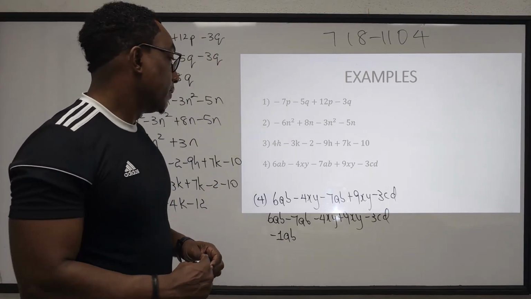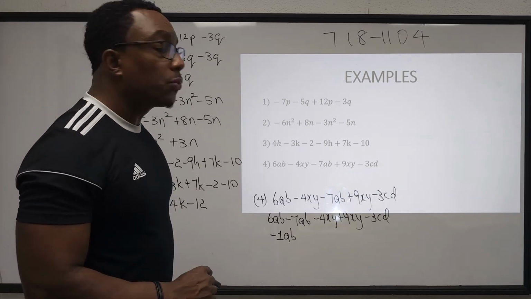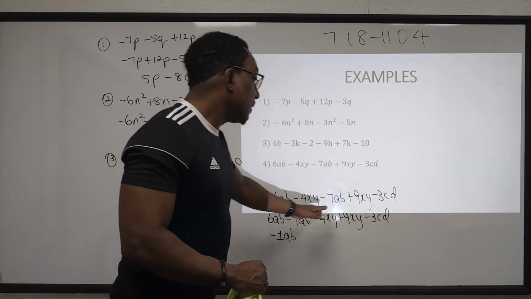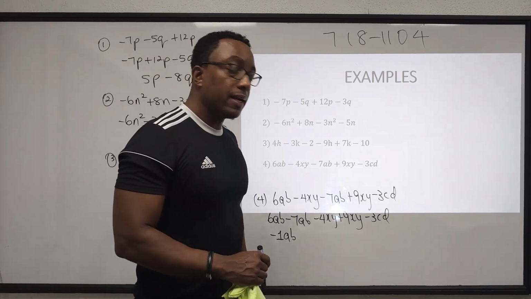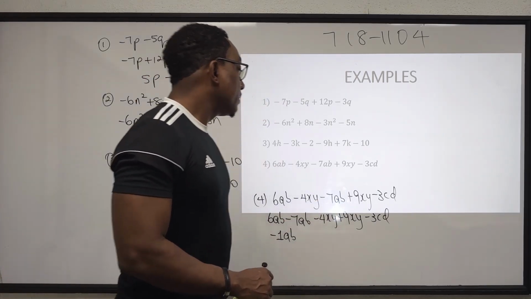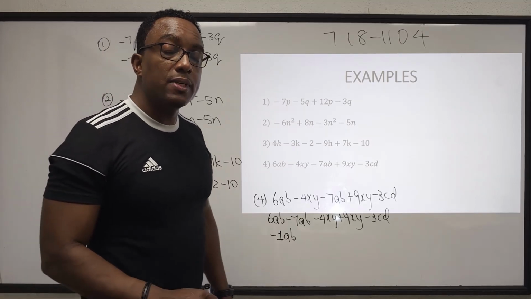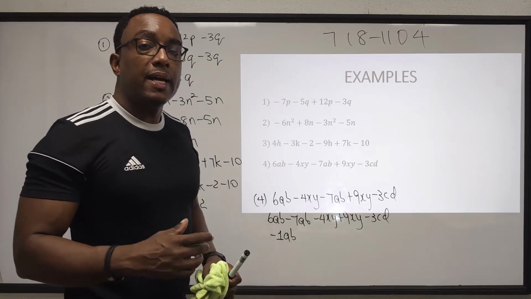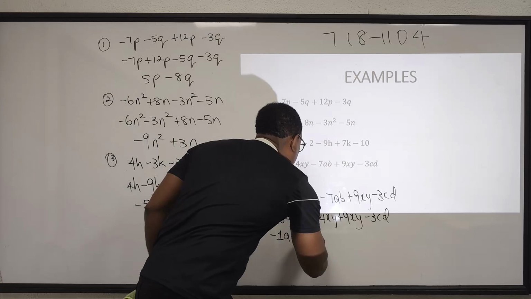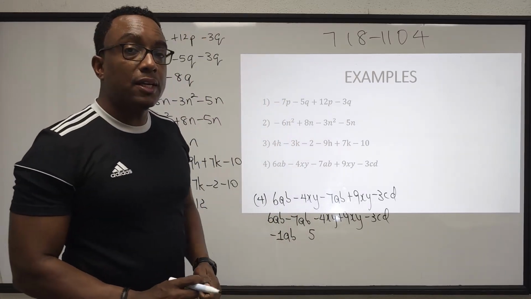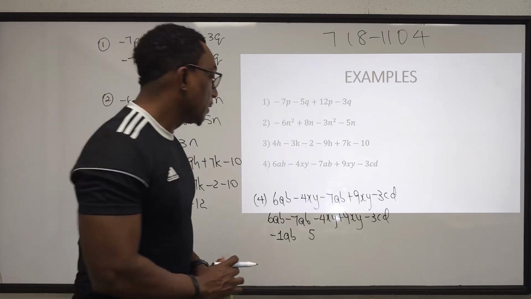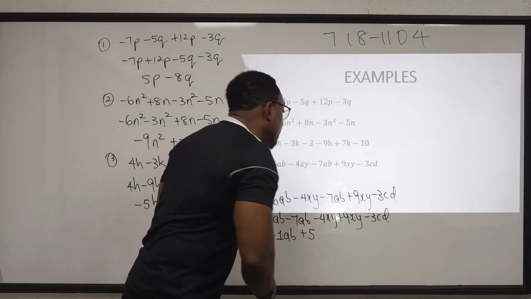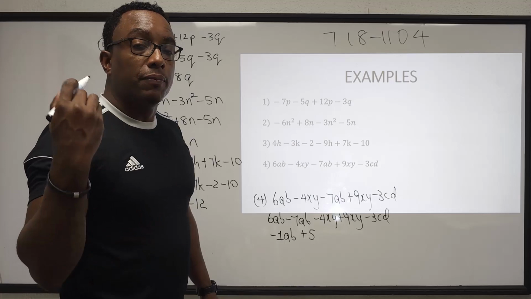Now, negative 4xy plus 9xy, again like terms, so we look at our signs to guide us, so we know what we're going to do next. So, when the signs are different, we're going to subtract the 2 natural numbers. 4 from 9 is 5. And the sign of the larger natural number is 9, plus sign controls it, plus sign controls your 5, and we maintain our variables and power.